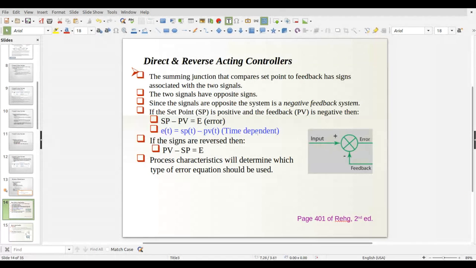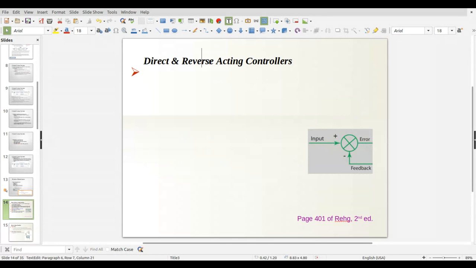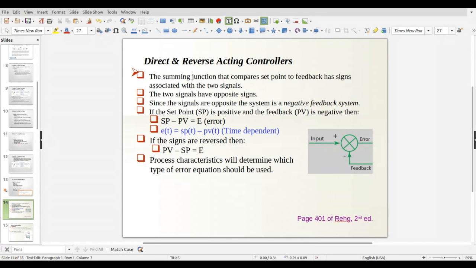All right, this slide is talking about what they call direct and reverse acting controllers. I've already talked about it. By the way, just as a reference, if you've got your book there, this is on page 401 of the second edition of the PLC book. We have our set point.